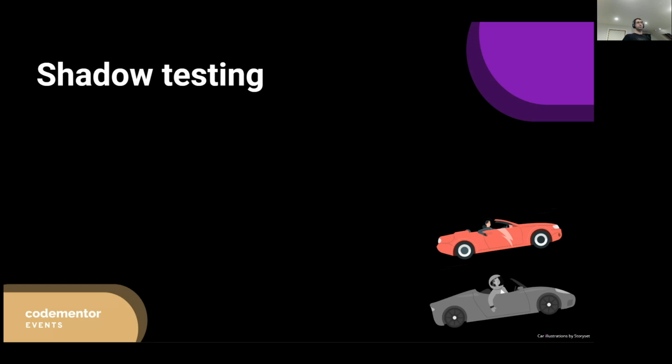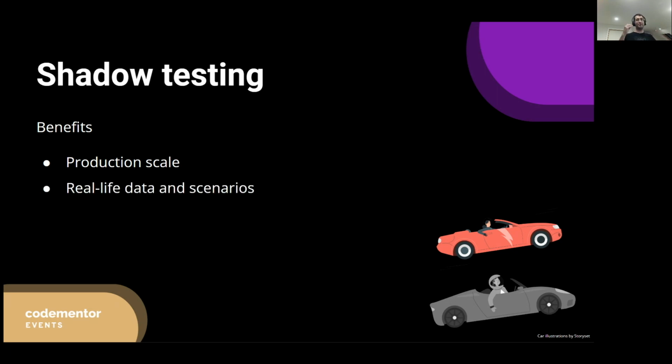Just to close this part, what are the benefits? I've mentioned some, but just to be very explicit. First, production scale. We have full scenarios, real life data. We have users behaving as users. The problem with tests is that we are always biased. I've worked with companies where the engineers are the only ones that do tests.